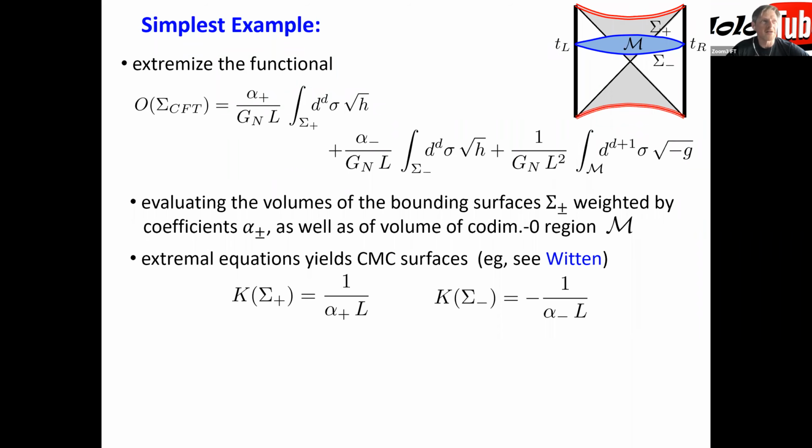Obviously, it also depends on which states you choose to trace out. Holographically, that corresponds to, for example, calculating your minimal surfaces over a black hole background or an empty AdS background.